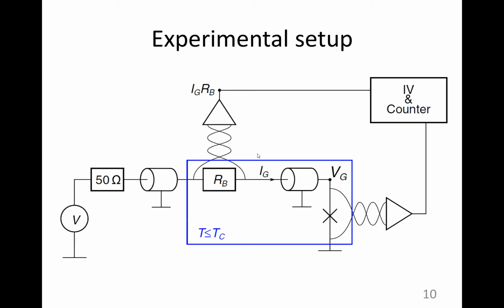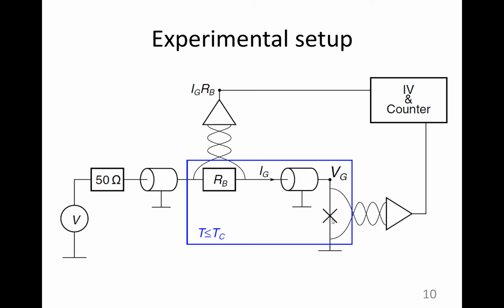Now I would like to say a few things about the transport properties that are the foundation for this thermometry a little more. So we have an experimental setup for just measuring the IV characteristic of our sample, that is this X over here.